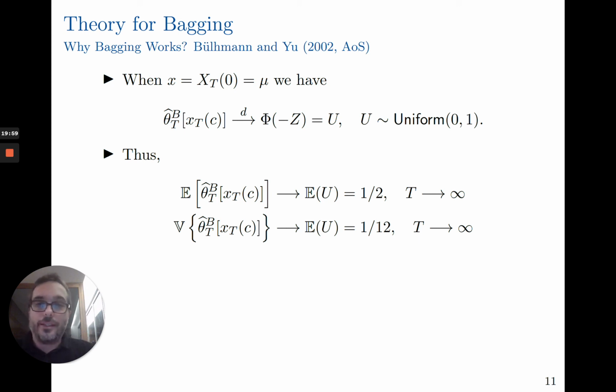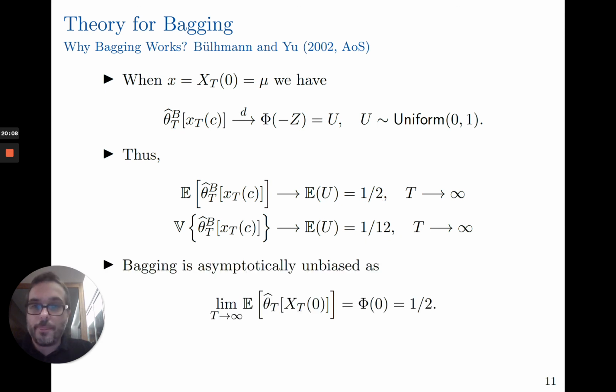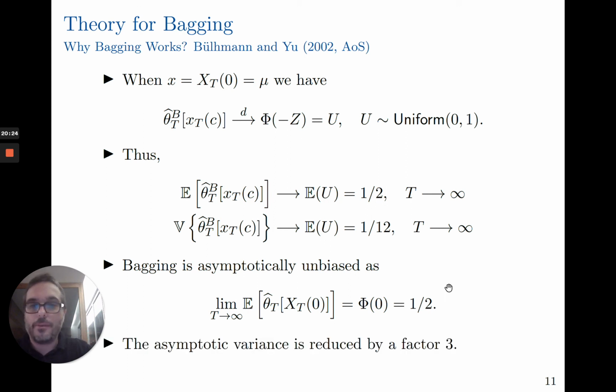The average is 1/2. The variance is 1/12. So bagging is asymptotically unbiased. If we take the expected value of this function, it's just 1/2. But the asymptotic variance will be reduced by a factor of 3.